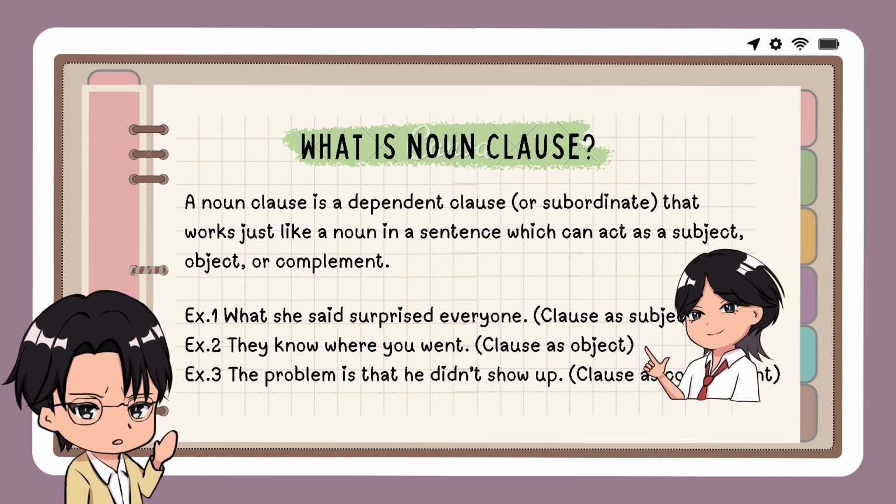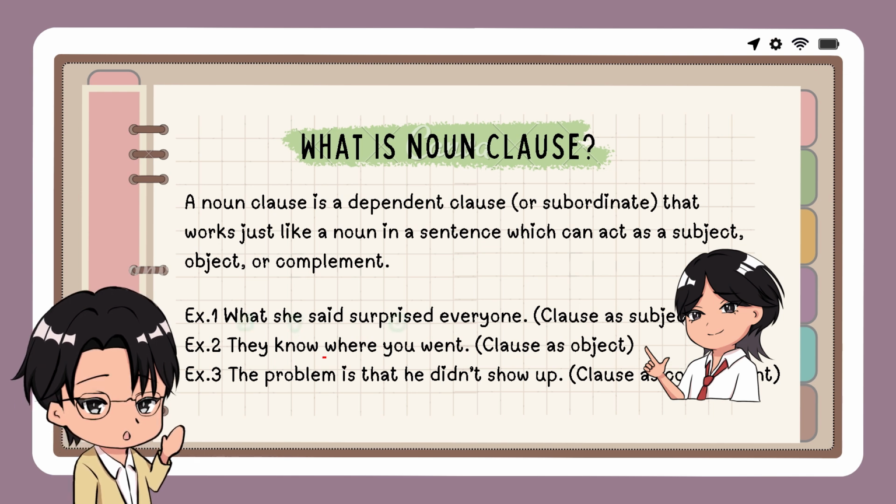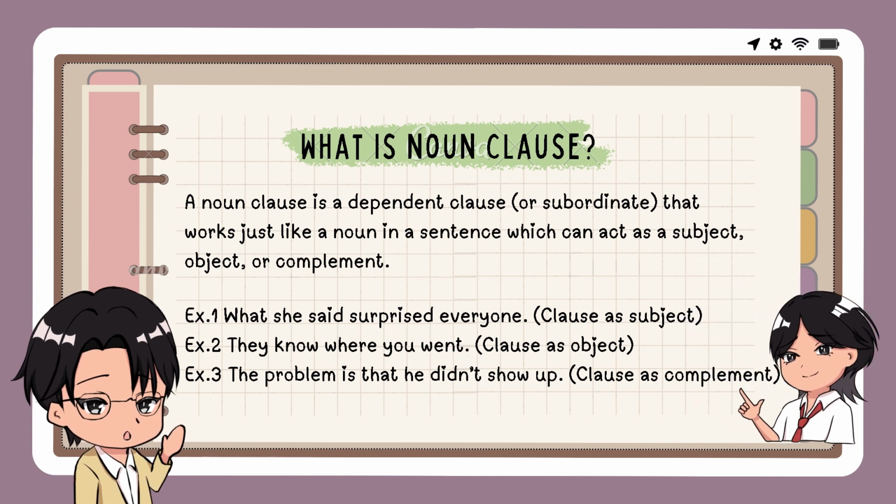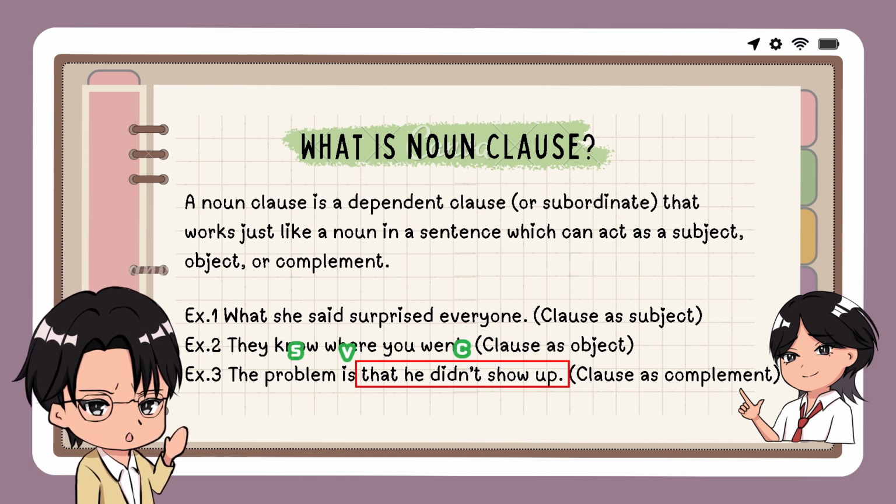They know where you went is the clause as object because where you went here is in the object position. Example number 3. The problem is that he didn't show up is the clause as complement because that he didn't show up is in the complement position, and this clause is linked by the linking verb is.